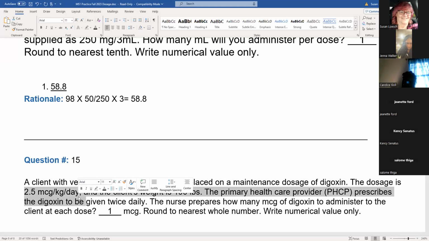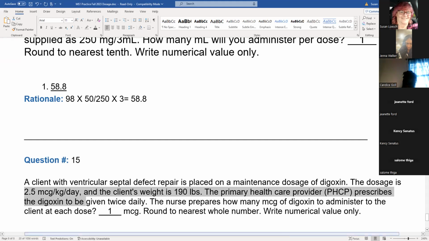So now you have to divide that by how many times you're giving it a day, which is what? Two. So each dose is going to come out to 107.95. Now, if you're rounding it to the nearest whole number, what would that be? 108. What if you were rounding it to the nearest 10?